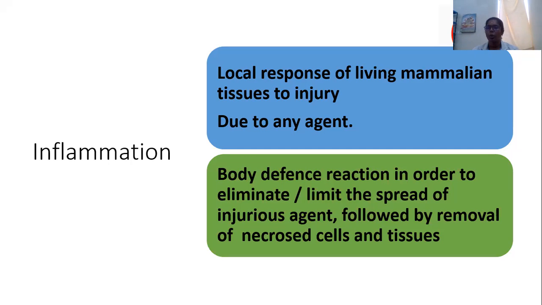Inflammation is the local response of living mammalian tissue to injuries, and it is the body defense reaction in order to eliminate or limit the spread of injurious agents, followed by removal of necrosed cells and tissues.